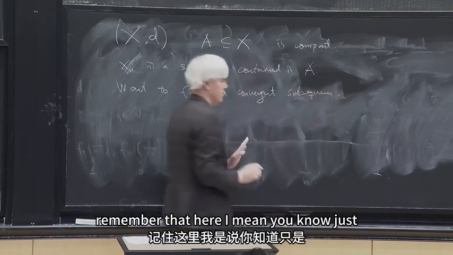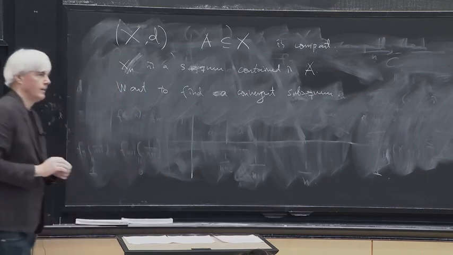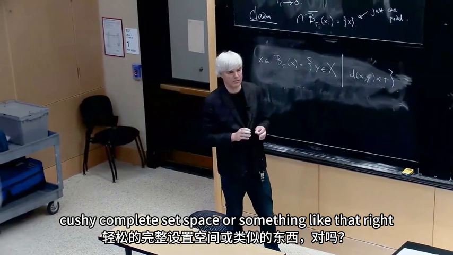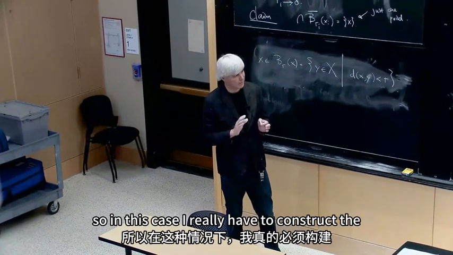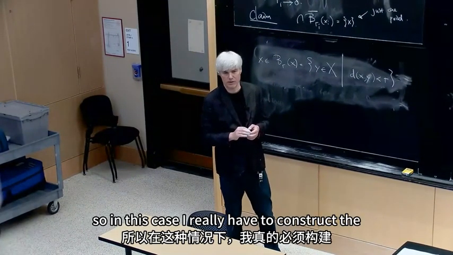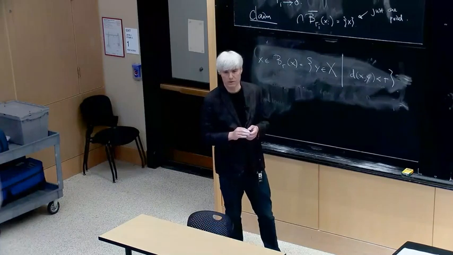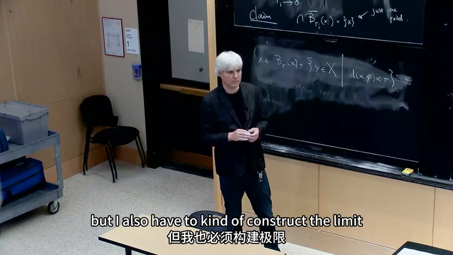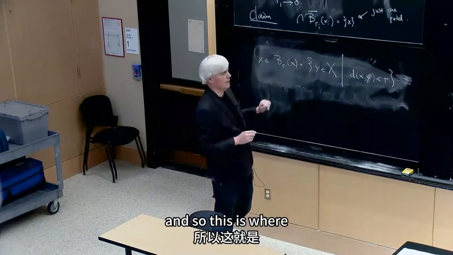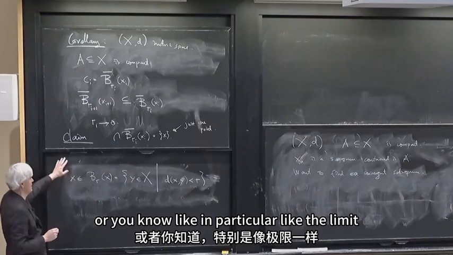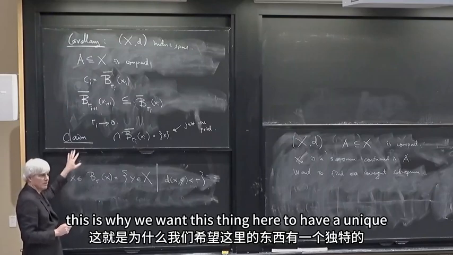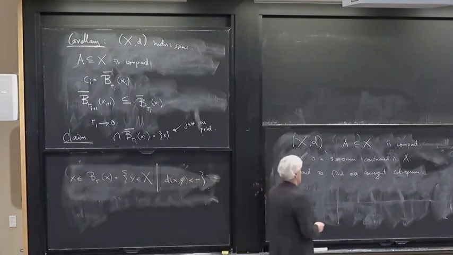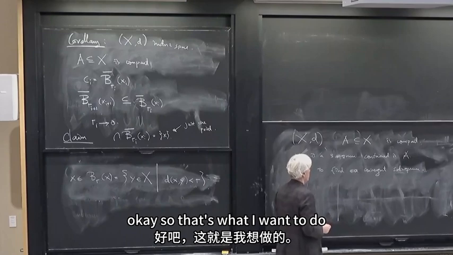Remember that there's no assumption, I'm not talking about some Cauchy complete space or something like that, right? So in this case, I really have to construct the convergent sequence, but I also have to construct the limit. And this is why we want this thing here to have a unique intersection. Okay, so that's what I want to do.